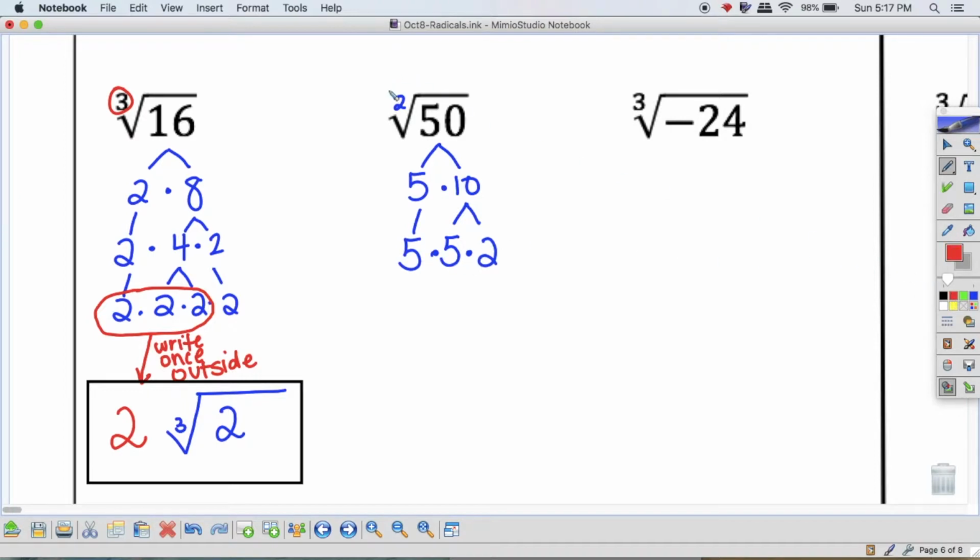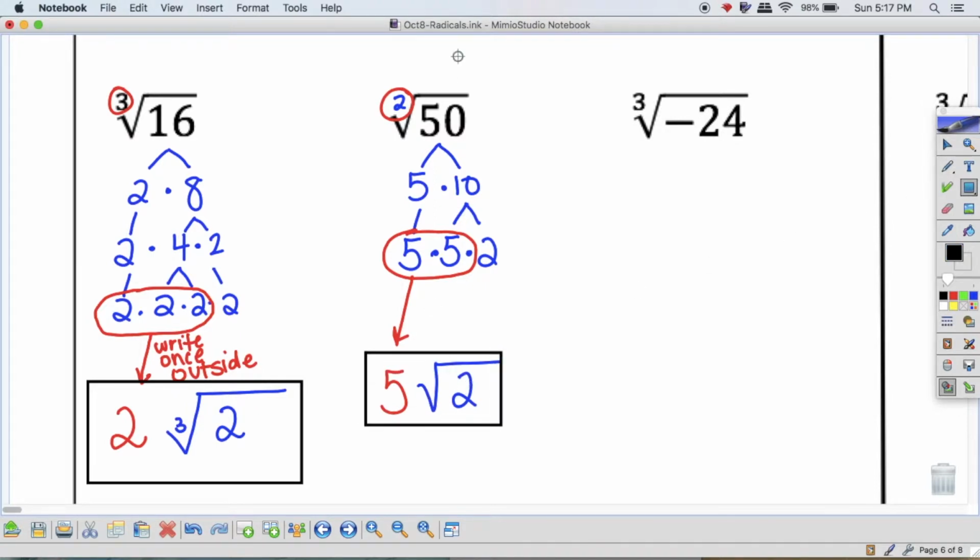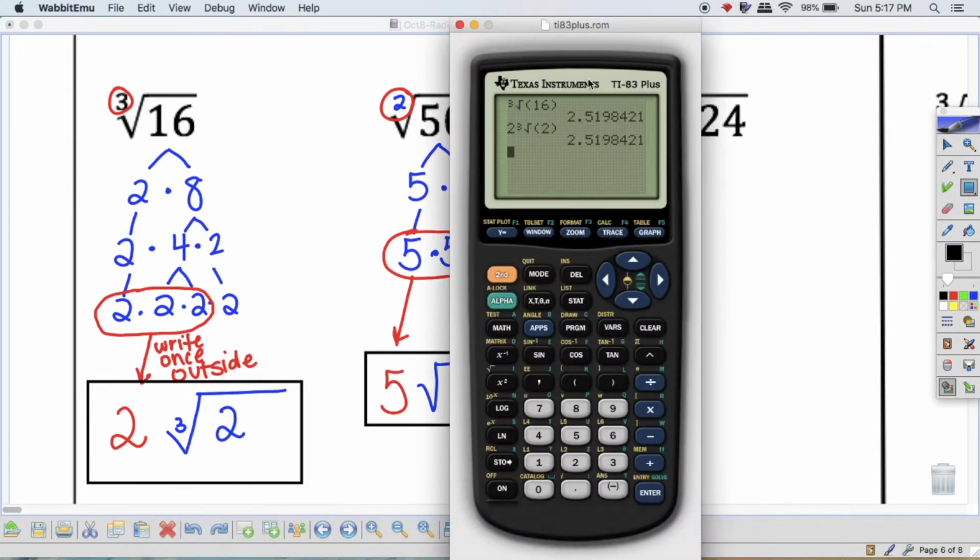Since the index is 2, I'm looking for groups of 2 of the same number. Here's a group of 2 of the same number. So I'm going to write that once on the outside, and this 2 is going to stay on the inside. Okay, if you put a 2 here, that is not incorrect. That is fine. Okay, this is a simplified version of the square root of 50.